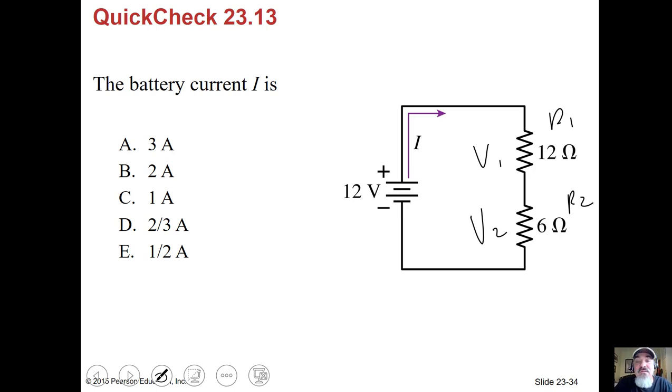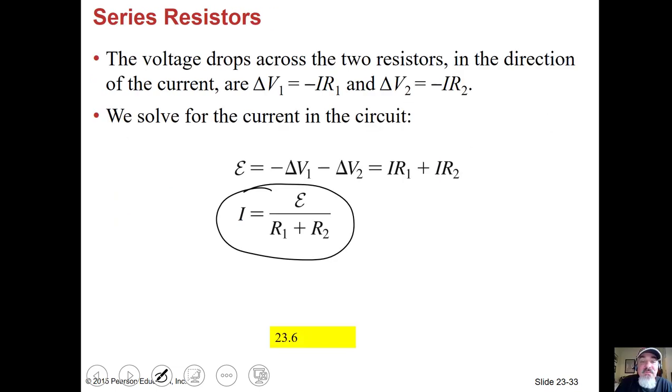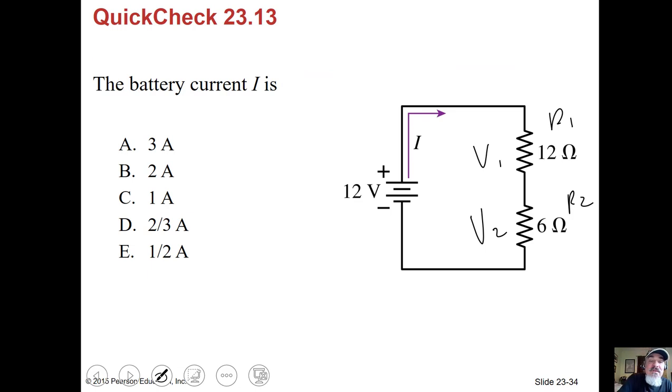You can figure out how much current you have. You could go through the whole thing and add these things together, but we just did that actually. You can see it there. If there's two resistances, the current is just the voltage of the battery divided by R1 plus R2.